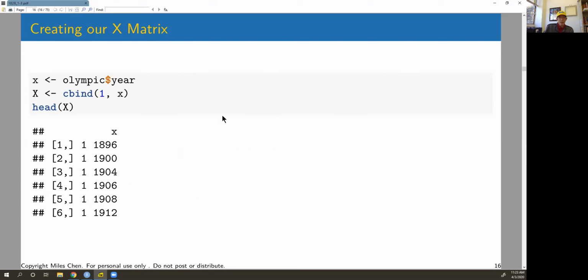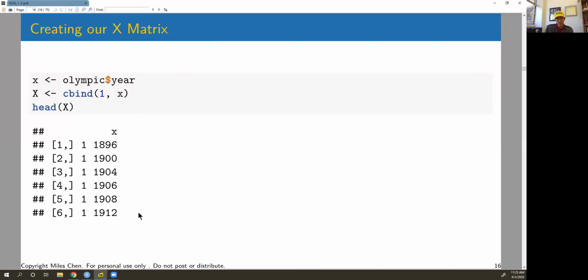Here I can create my X matrix by taking the column of years, our input X, and binding it with a column of ones. So I get this column of ones and the column of X's.